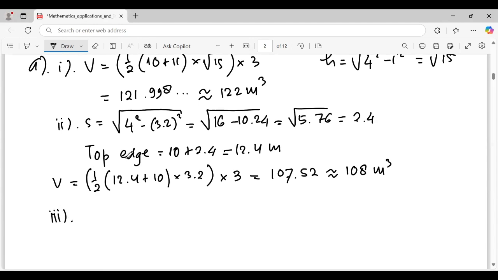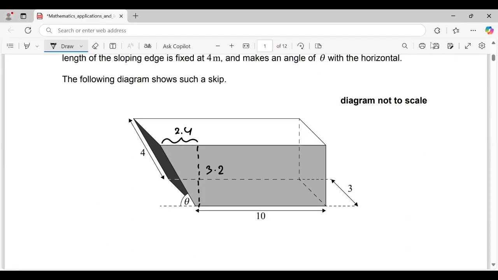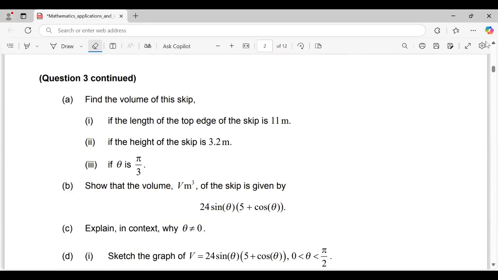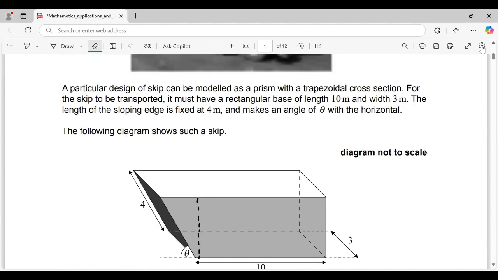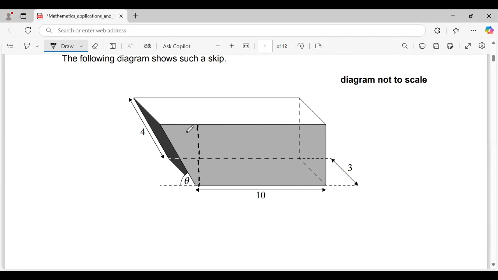Part 3. If theta equals pi third, in this right angle triangle we can determine this height and this side.